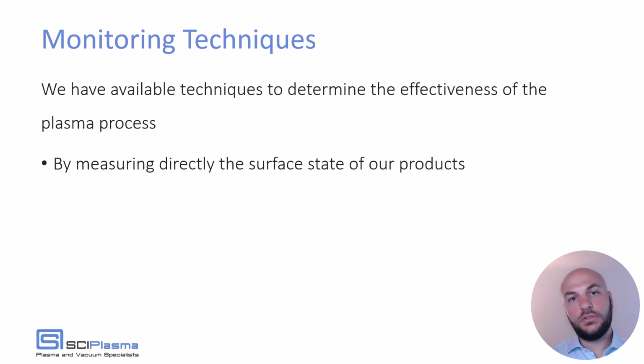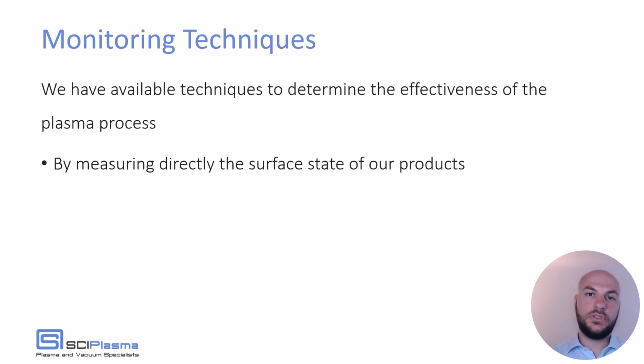There are also other advanced techniques that can be used in the process development phase, and these are techniques like SEM for morphology or SEM EDX for measuring the surface composition, anything related to surface spectroscopy with Raman or with XPS, for example. These advanced techniques, we didn't have time to cover them.